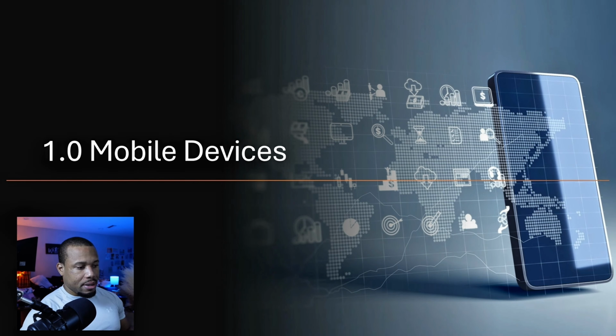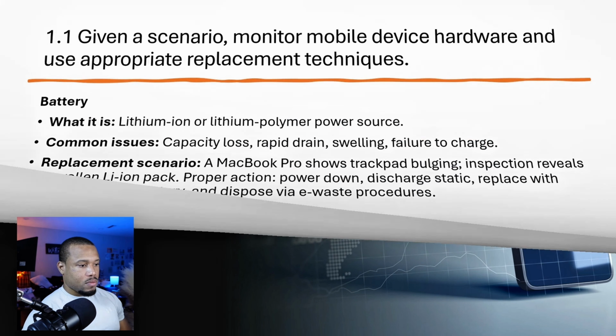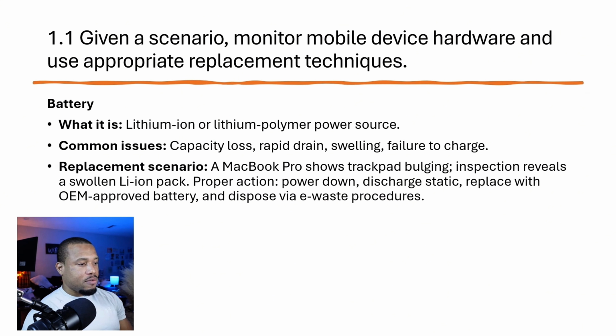Domain 1, mobile devices, all right? We have objective 1.1, given a scenario, monitor mobile device hardware and use appropriate replacement techniques, all right? Now, most laptops and mobile devices today use lithium-ion batteries. These are efficient, but they wear down over time.